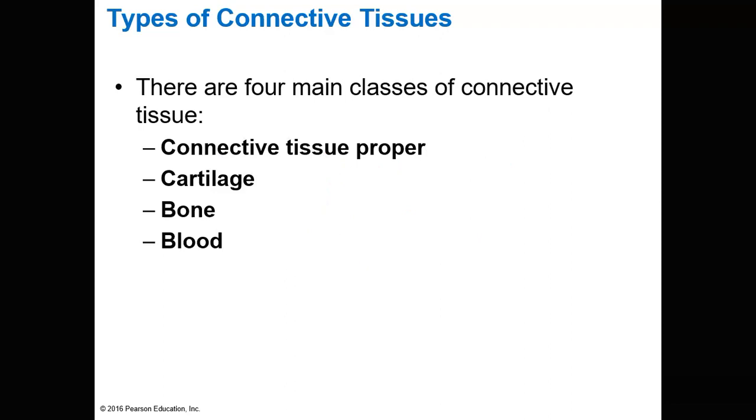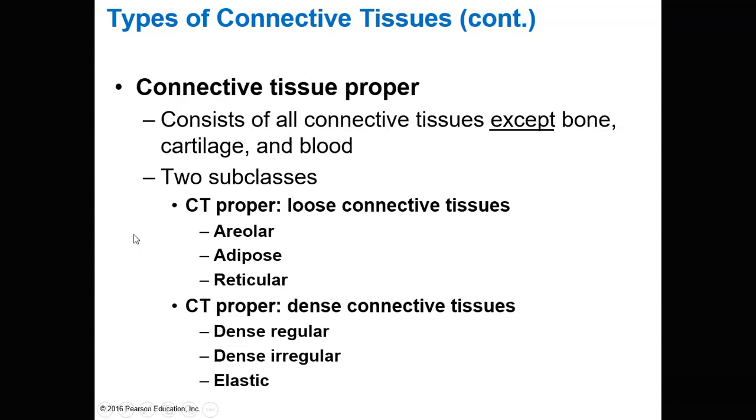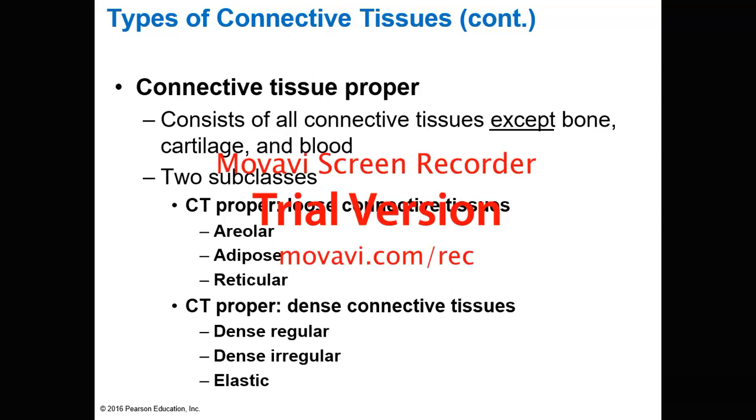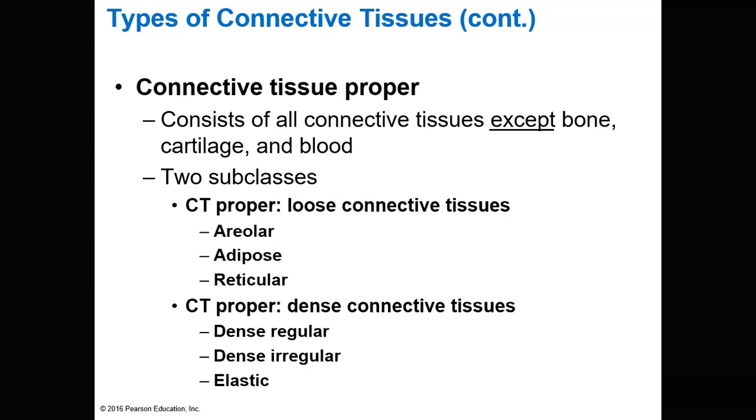And remember, we're going to talk about each one in more detail. So, connective tissue proper consists of all connective tissue except bone, cartilage, and blood. Okay? So all connective tissue besides bone, cartilage, and blood, that should be easy to remember, right?